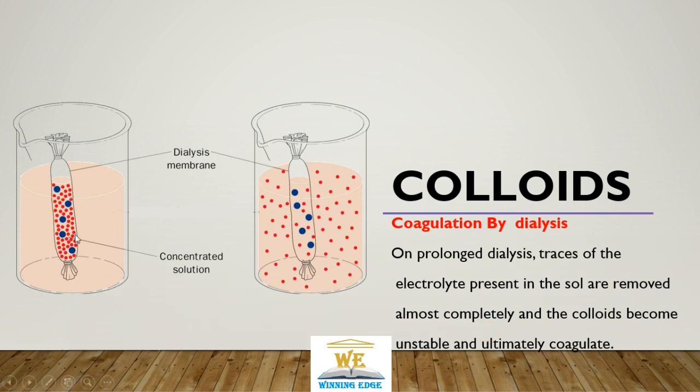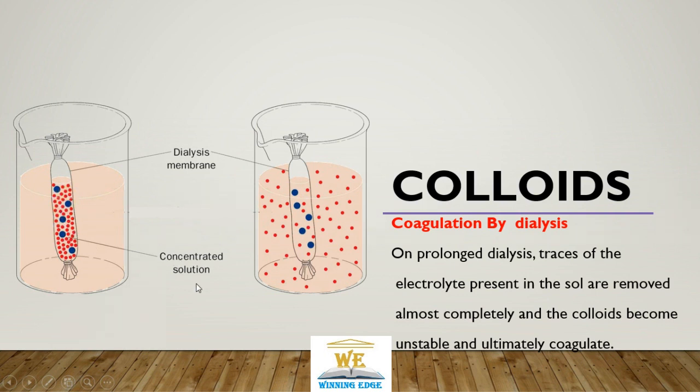Now, plenty of electrolytic ions are available for adsorption on the surface of these particles that can stabilize them, because colloids of lyophobic nature are stabilized by repulsive forces with each other, and they get repulsive forces by selectively adsorbing negative or positive charges from the electrolytes present in our colloidal solution.